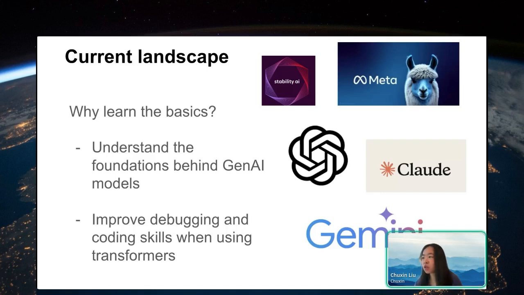And it's also worth noting that some of the image generation models are also using transformers. This is why learning about transformers is so important. Understanding them helps us grasp the foundation of these AI models and improve our coding and debugging skills when using them.